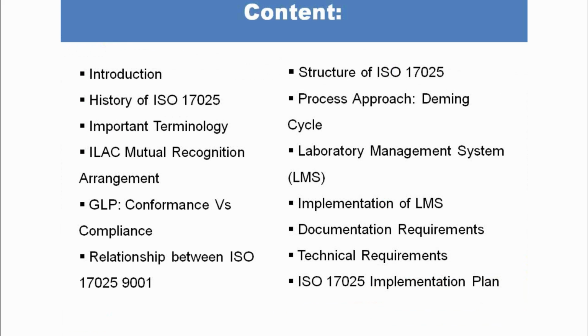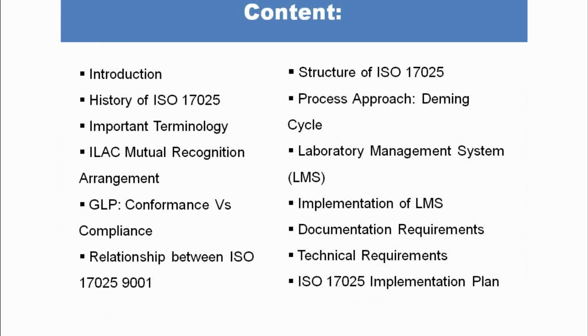All right, to the contents, we'll look at the history of ISO 17025, some important terminology, mutual recognition agreements, good laboratory practice. We need to understand the difference between conformance and compliance. And there are some terms that are usually confused, and so it's important that we know what terms to use as professionals.